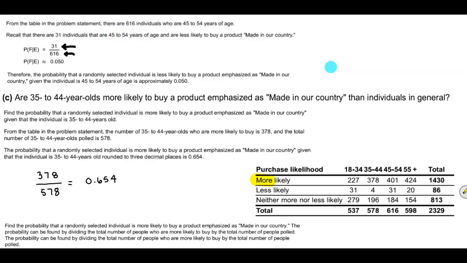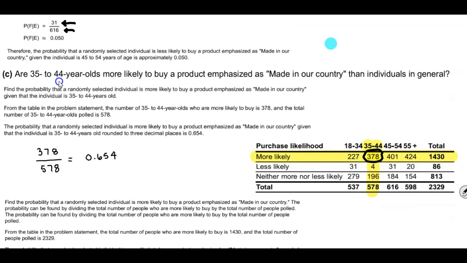We're looking at the row which is more likely, and we also know that the age group is 35 to 44 years old, so we're looking at the second column. Where do they intersect when we create that cross? We can see that the number that is more likely for the age group of 35 to 44 is 378. So that's in our numerator.